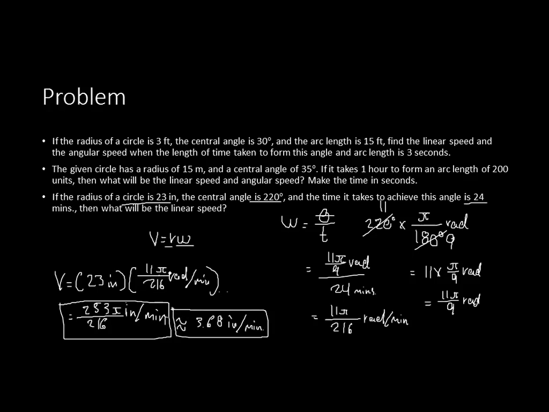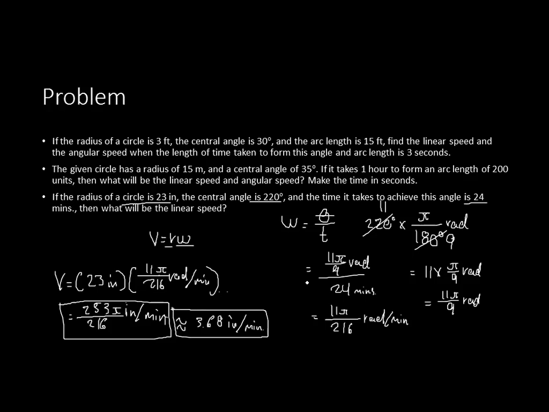If you would notice, I don't usually convert the angular speed into decimal because it is in radians basically. So I think it's better to leave it that way, unless it needs to be in a decimal value, I mean, a number at least.